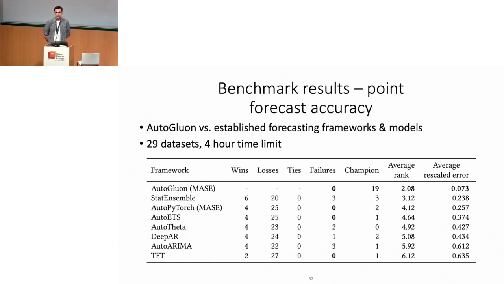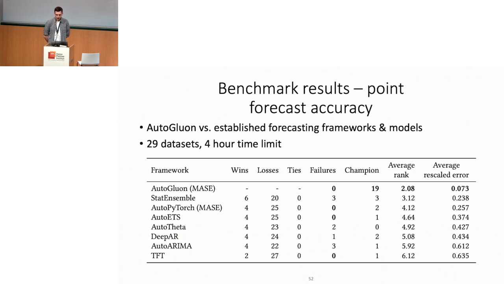The way we evaluated the model is by taking 29 benchmark data sets, evaluating AutoGluon and all the other frameworks on all of them, and then looking at the accuracy of the point forecast using the mean absolute scaled error metric, and seeing how well each of these methods individually does against AutoGluon.